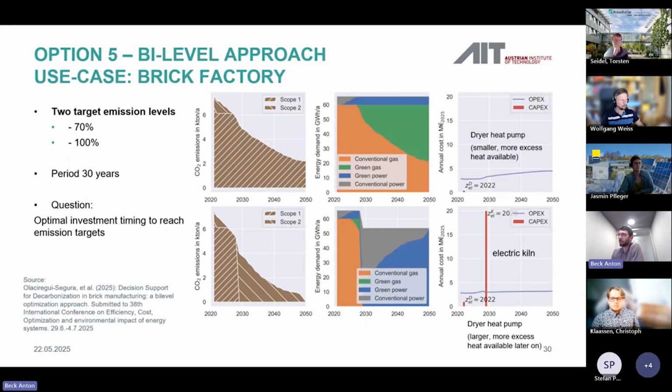And with this approach, we could also identify, similar to the case before, the time when a certain technology should be invested and how the energy mix should look like, so that the split between biogas and natural gas and green and conventional power to reach the targets in the most cost-effective way.